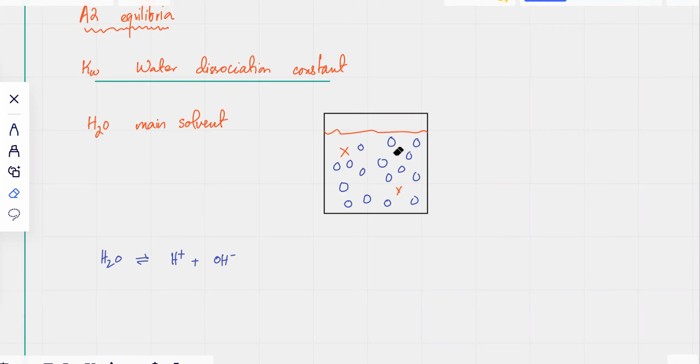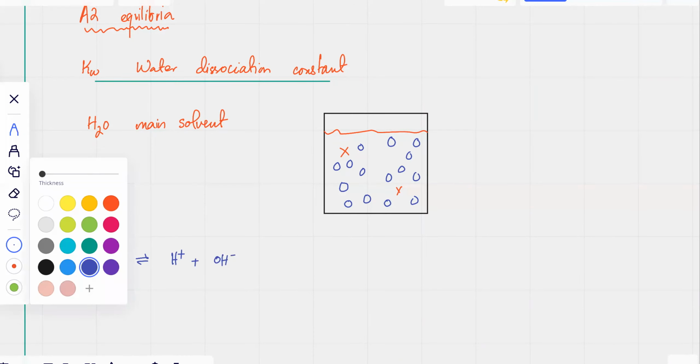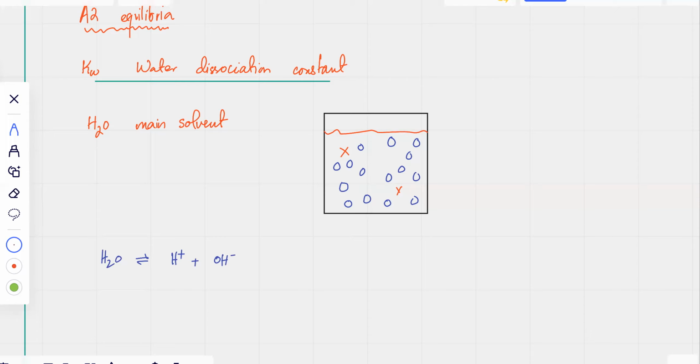Let's say this one over here breaks down, and it produces H+ and OH-. So your solution won't just contain water molecules, but also H+ and OH- ions as well. Here's X and Y trying to react, and you have all of this happening in the solution as well. Is this clear?